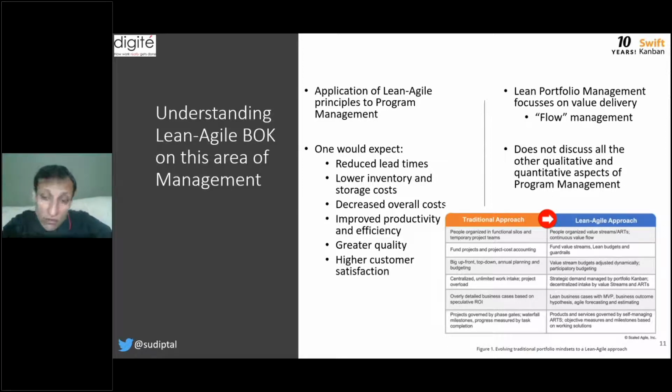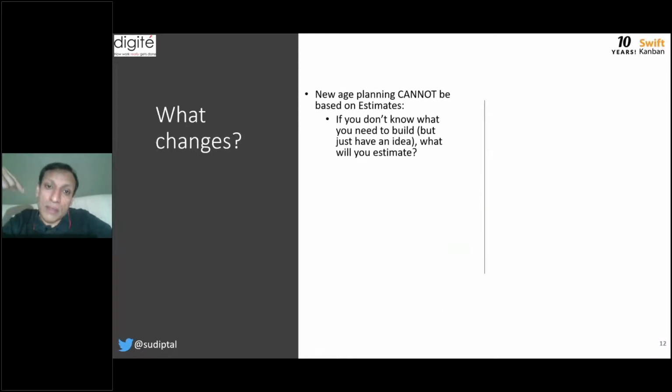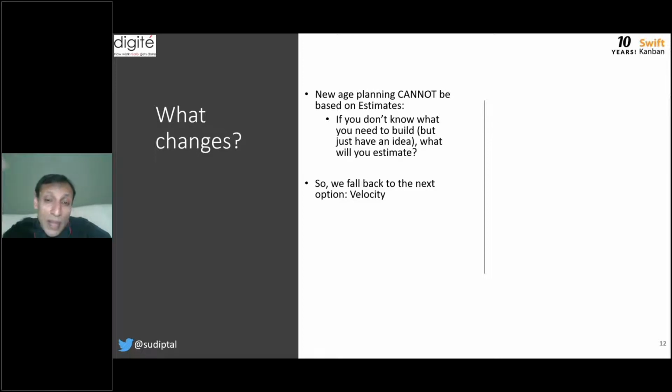Okay, so if you look at the scaled agile literature, and it makes absolute sense, it's focused on value delivery as part of that project team or whatever the team is delivering on a continuous basis. Obviously, like we said, new age planning cannot be based on estimates, and so we fall back to the next best option, which is velocity, right?